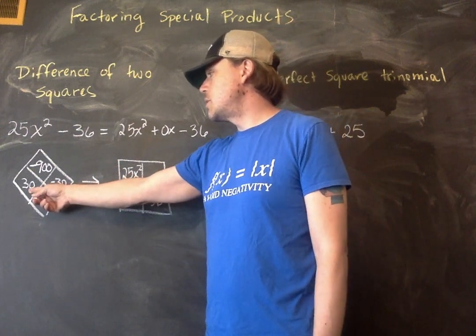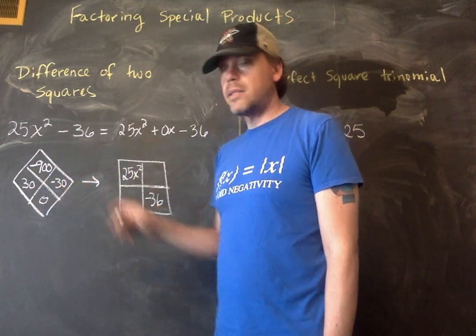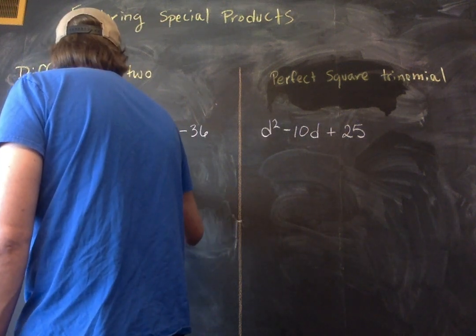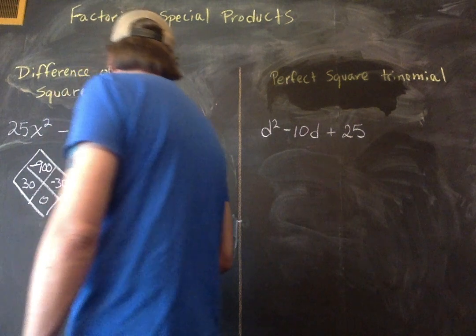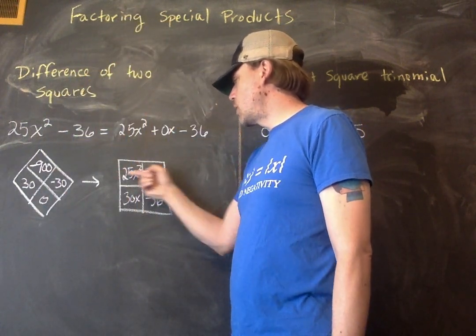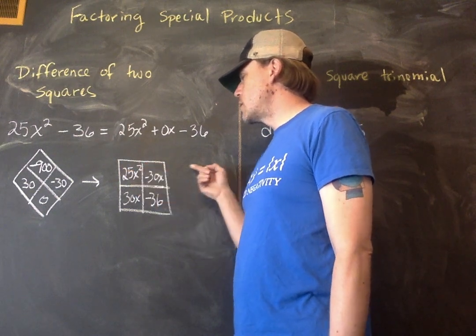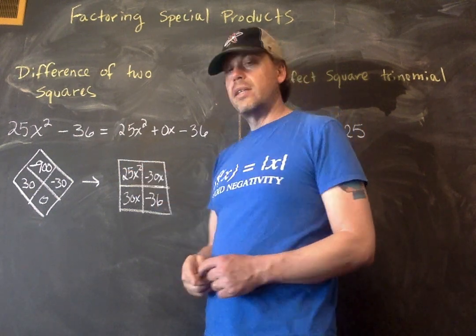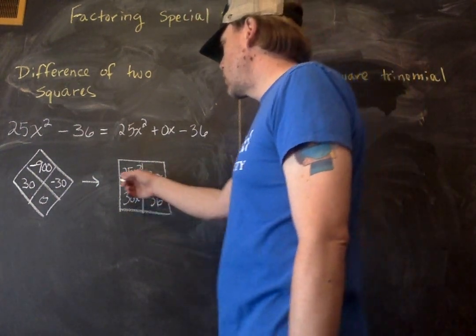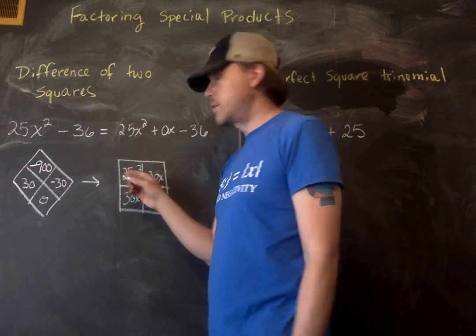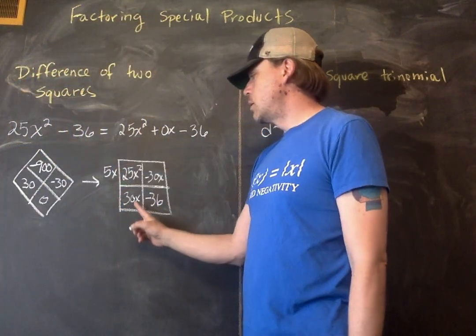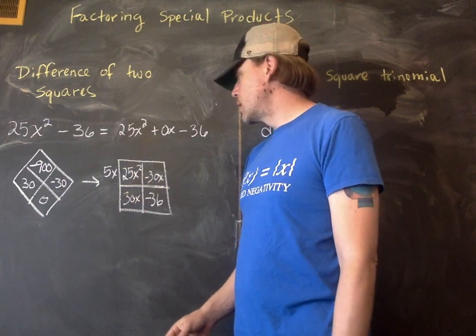Well, that comes from my diamond, 30x and minus 30x. That way, when I go this direction with the 25 and the negative 30, there's a greatest common factor, and it's going to be 5. So I can use 5x to go here. Going up this way, 30 and 25 again, 5x.